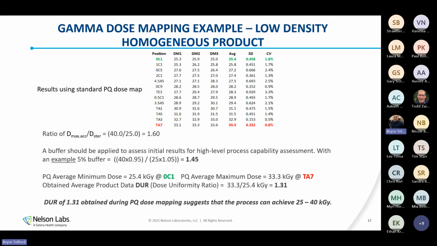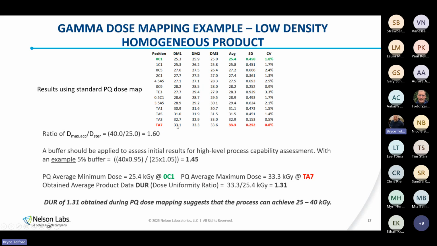So this is what it tends to look like. We're not going to spend a whole lot of time on this slide, but you may have seen what a dose map looks like. So you'll see the position of the dosimeter. We do the dosimeters usually in triplicates. So we have run 1, 2, and 3. So we have what position? We have our average here, which is our low.